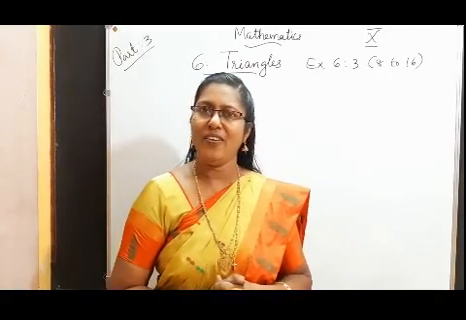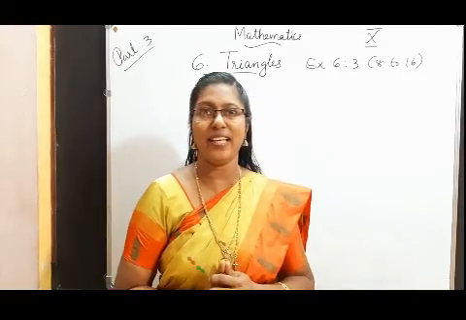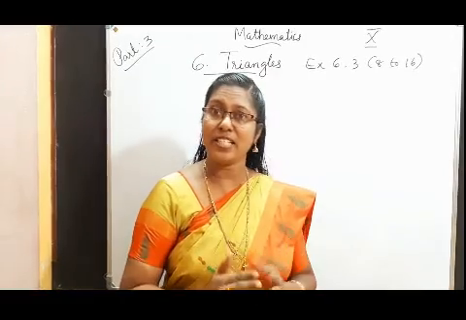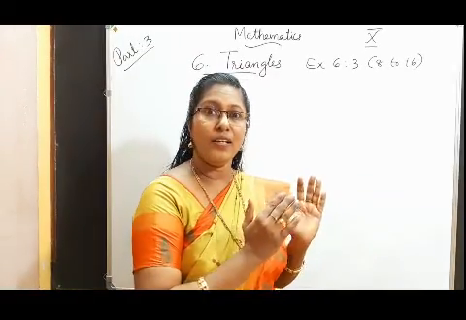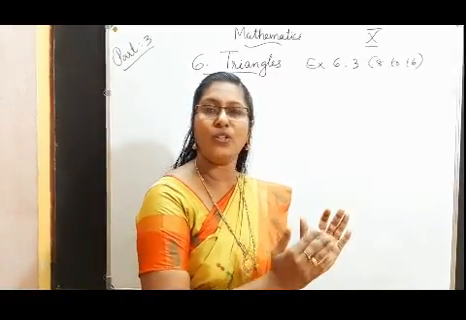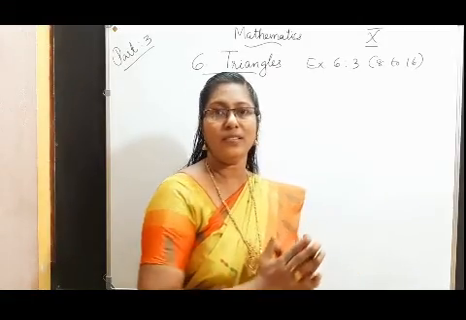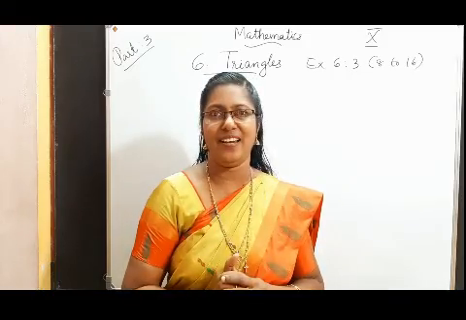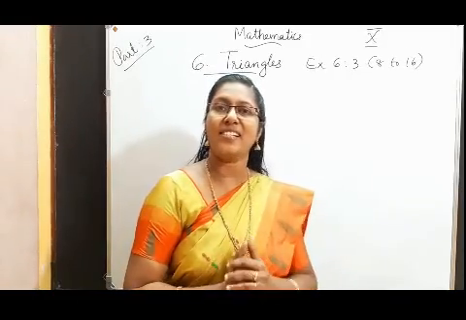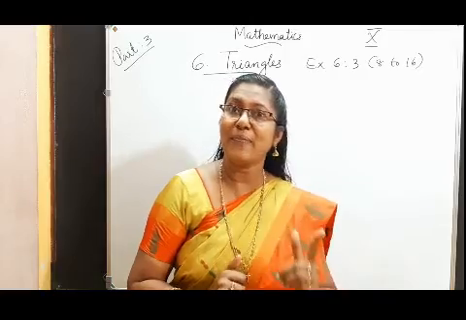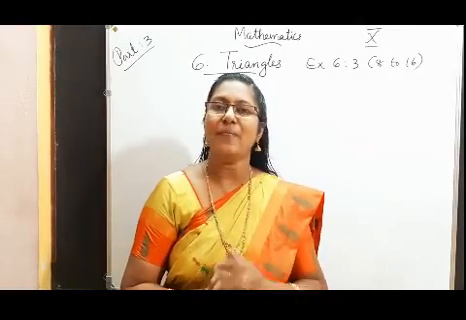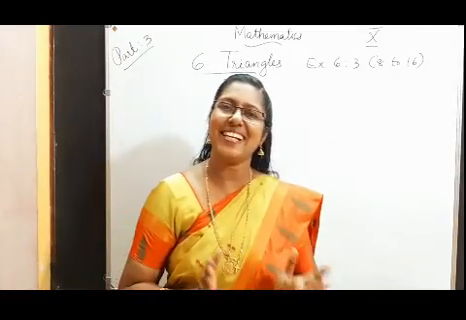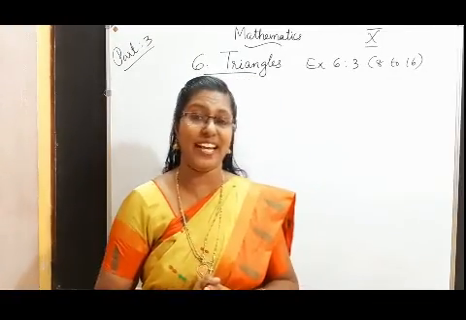What about the AA similarity theorem? It says if in two triangles any two of the angles are equal to the corresponding angles, then the triangles are similar. That is by AA similarity criterion. The next one is the SSS similarity criterion.